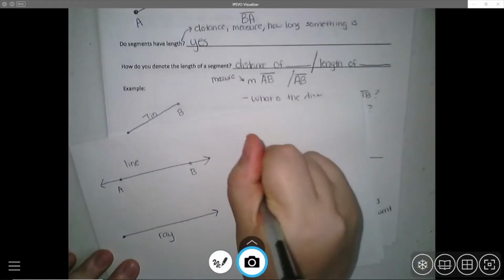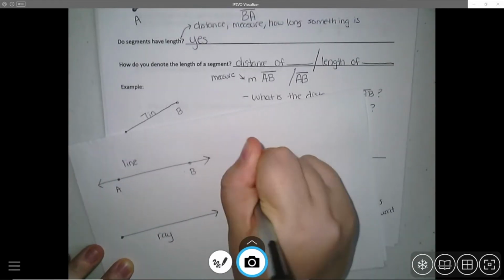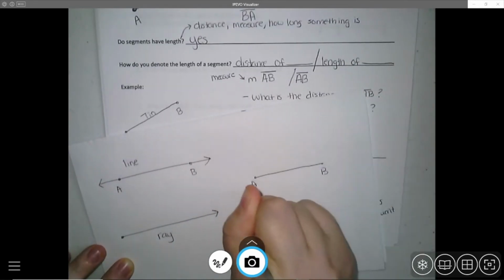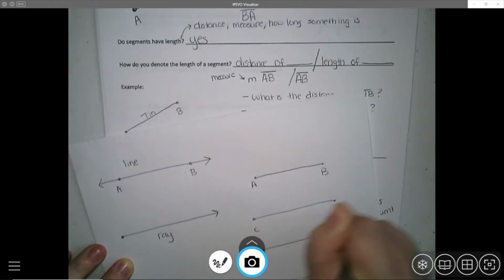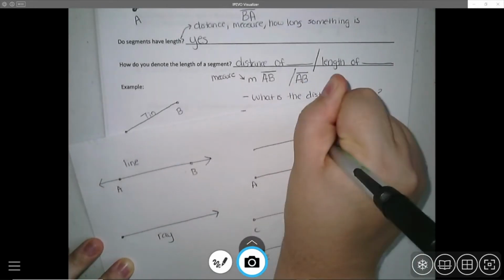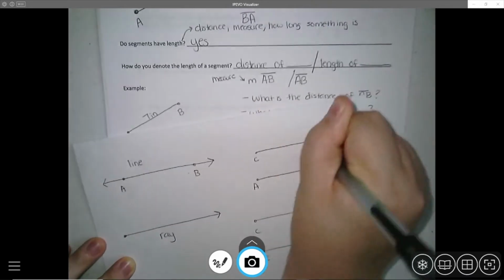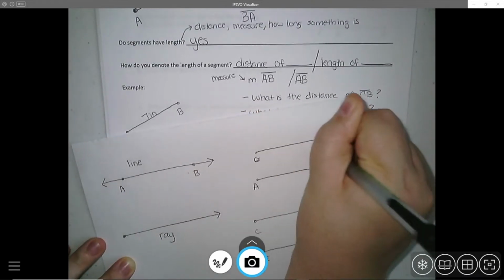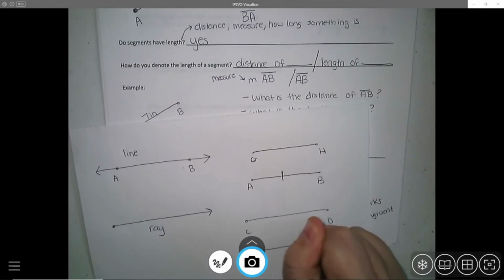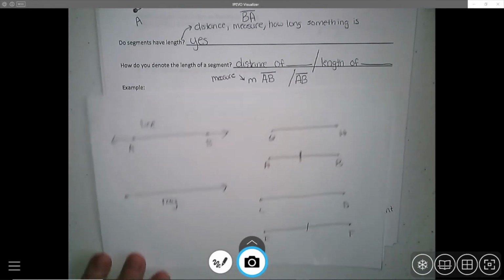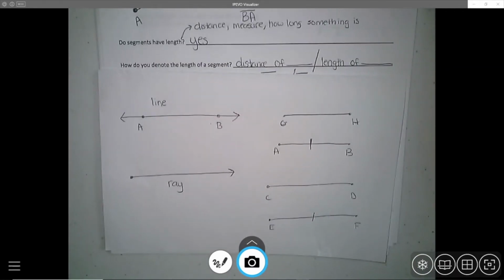Okay, when I talk about having the same number, if I would draw here A, B, C, D, E, F, and then I'll do G and H here up at the top. Okay, if I have 1 tick mark on AB and 1 tick mark on EF, those are the 2 that are congruent because they both have 1 tick mark.